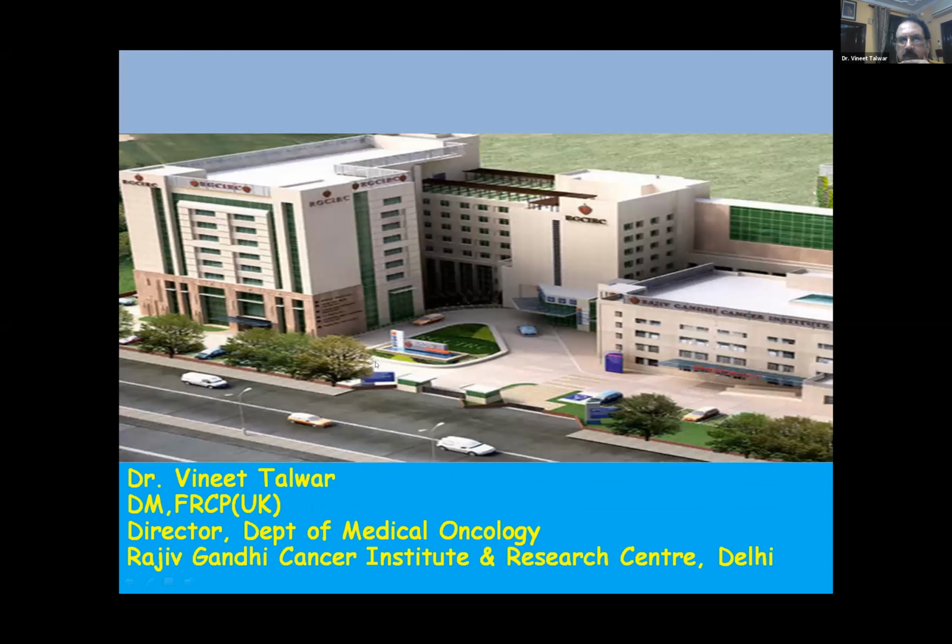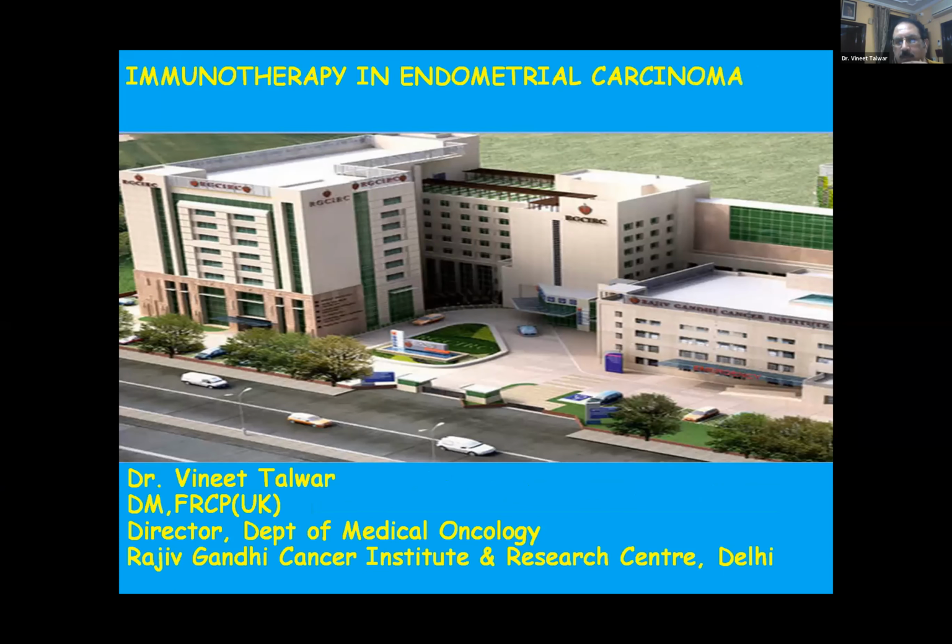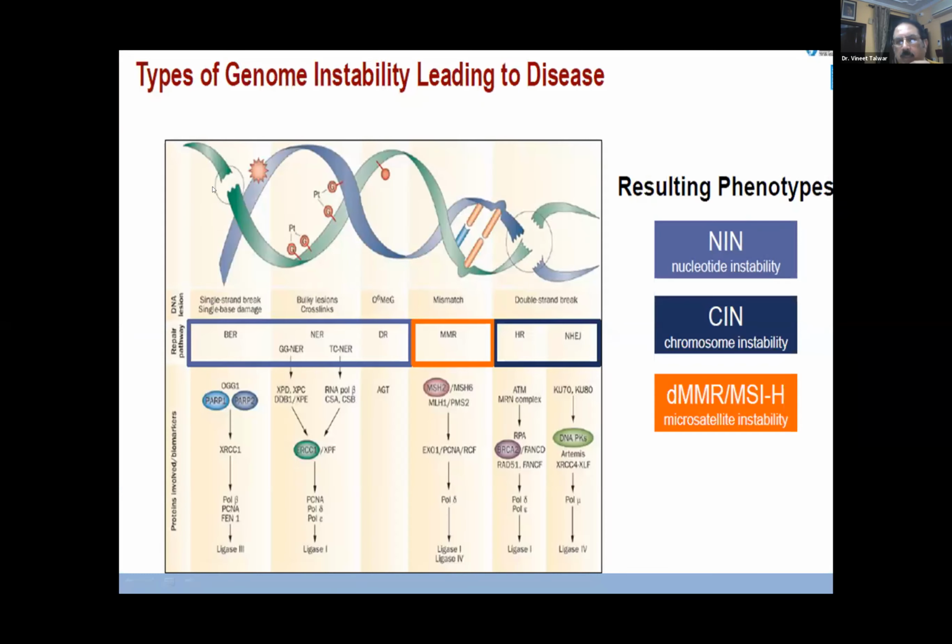Thank you, Dr. Chandan. And the topic which I have been interested in is the role of immunotherapy, the clinical aspects in endometrial carcinoma. So, you know that endometrial cancer is a disease which has a lot of genomic instability which is inherent in it.